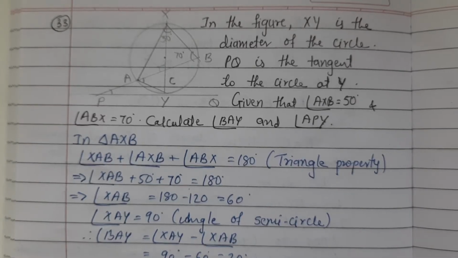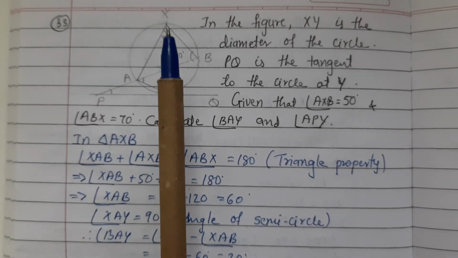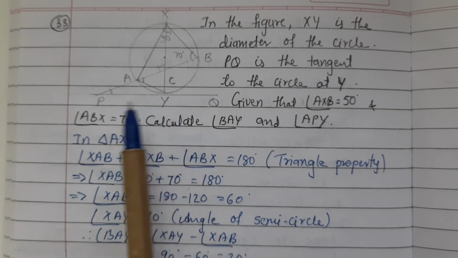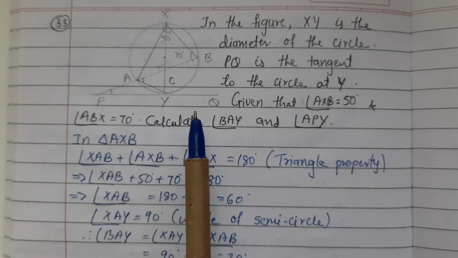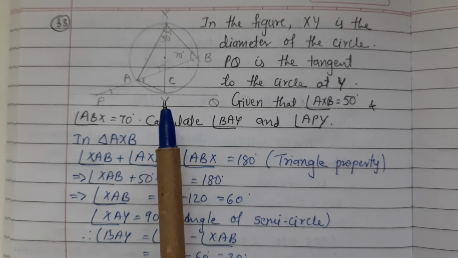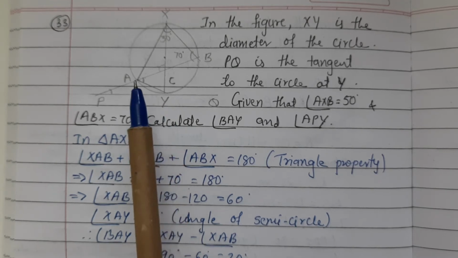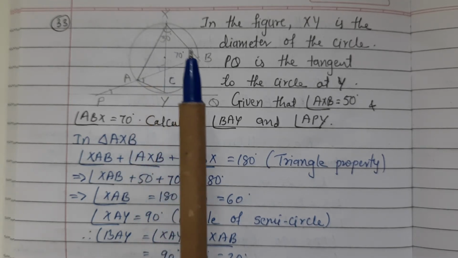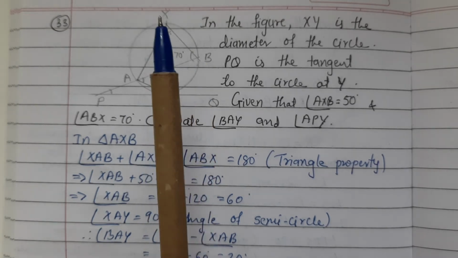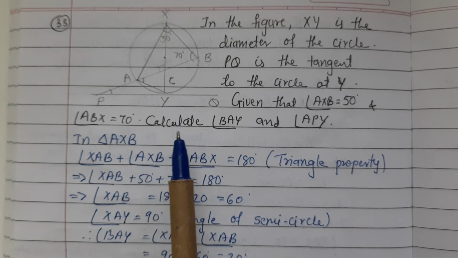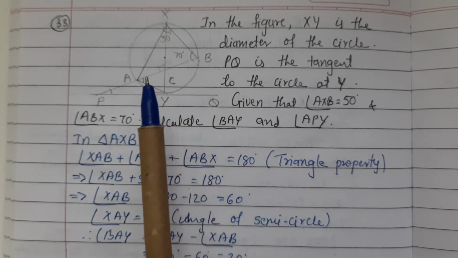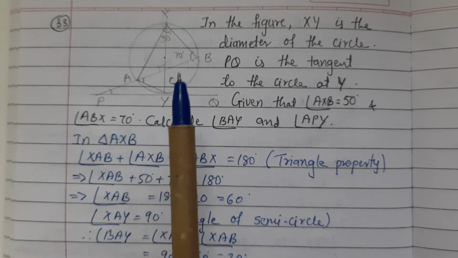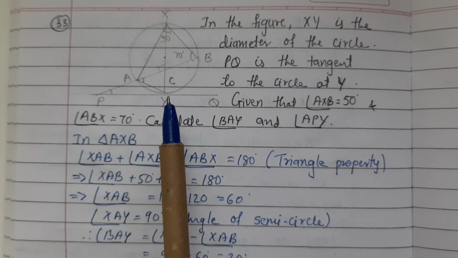Sum number 33. In the figure, XY is the diameter of the circle and PQ is the tangent to the circle at Y. Given angle AXB is equal to 50 degree, angle ABX equal to 70 degree. Calculate angle BAY and angle APY.